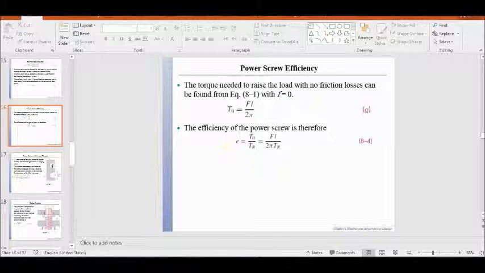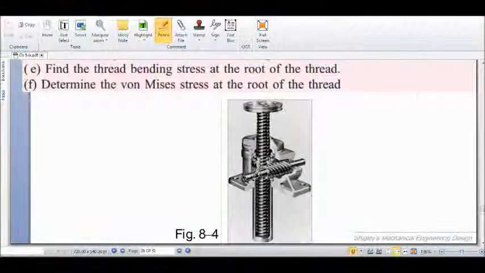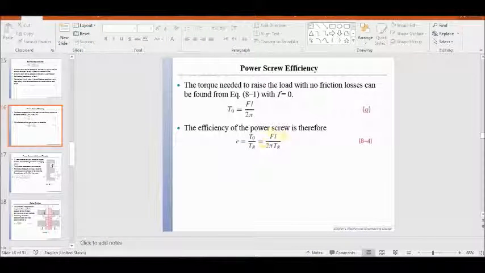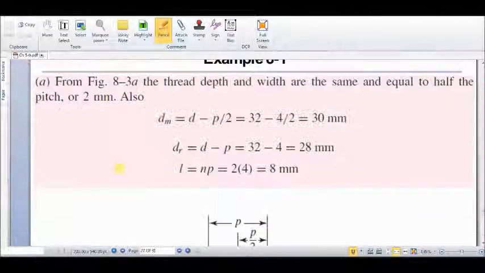So to find the system efficiency, we have to divide the torque of the maximum efficiency by the torque that we need to raise the load. We call that T0 over TR. So we have to use this equation 8.4.